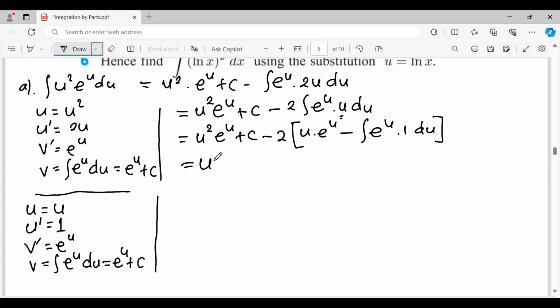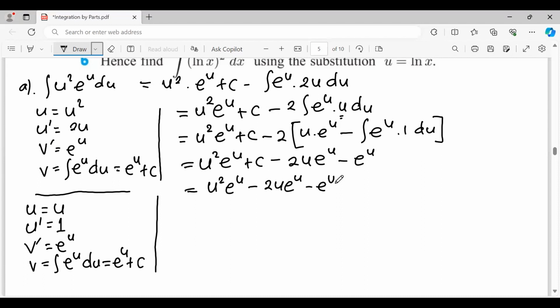So it becomes u squared e power u plus c, minus 2u e power u minus integral e power u, still e power u. It is u squared e power u minus 2u e power u minus e power u plus c.